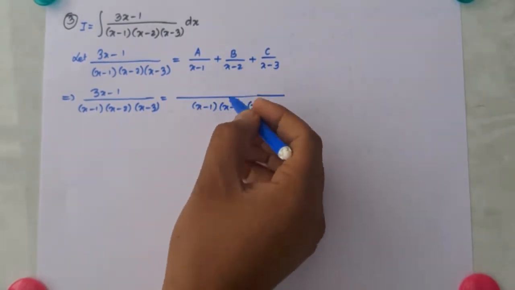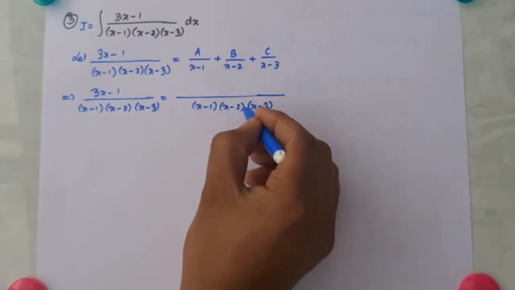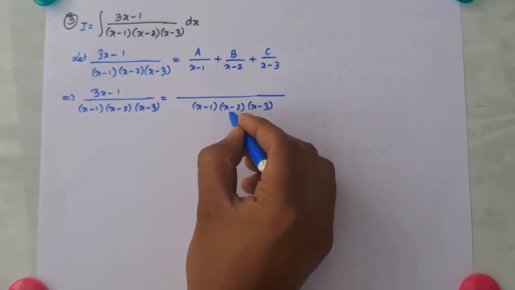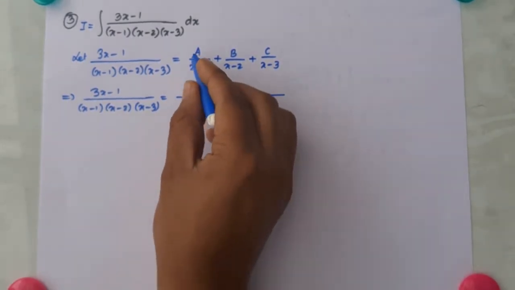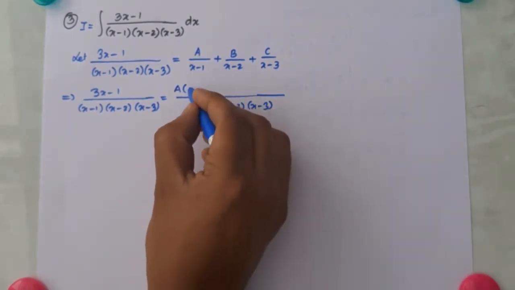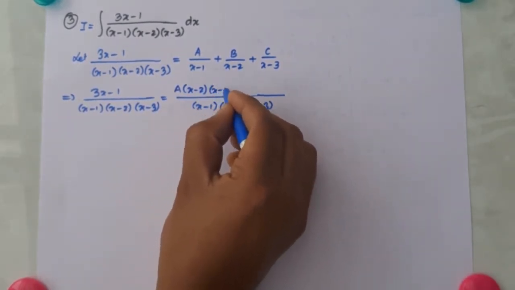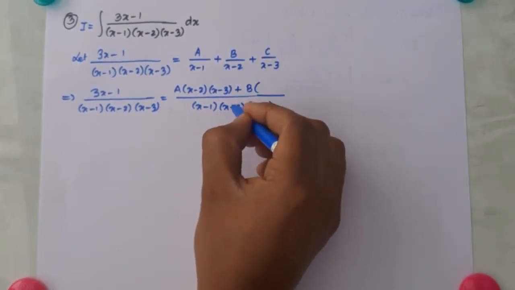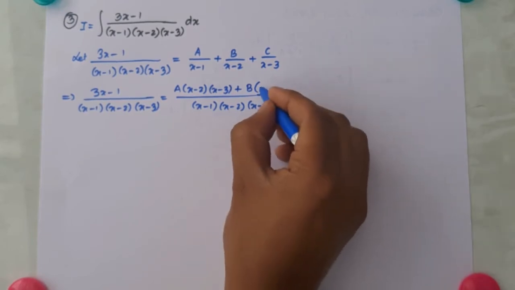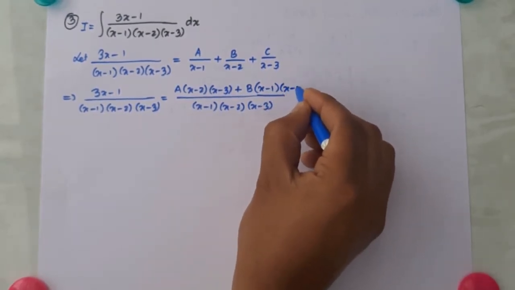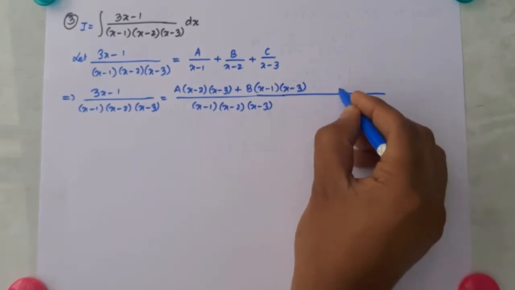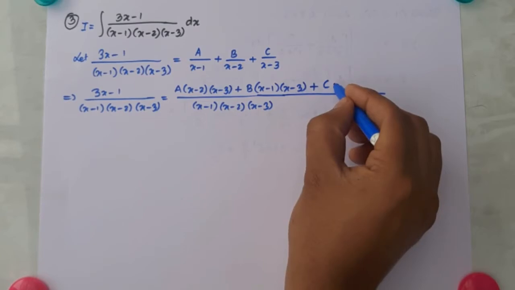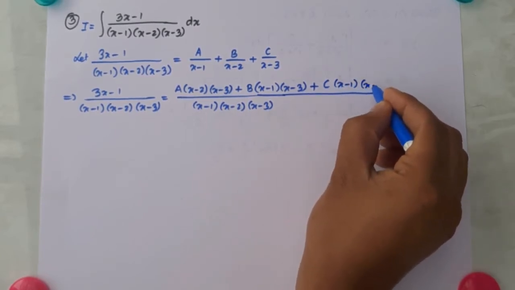Okay, so as usual, do this simplification, divide this LCM by the denominator, x minus 1 will vanish, so you will get only this part. So you get a into (x minus 2) into (x minus 3) plus we have b. Similarly, x minus 2 and x minus 2 vanish, so you get (x minus 1) into (x minus 3). Similarly we have plus c, and x minus 3 vanishes, so you get (x minus 1) into (x minus 2).